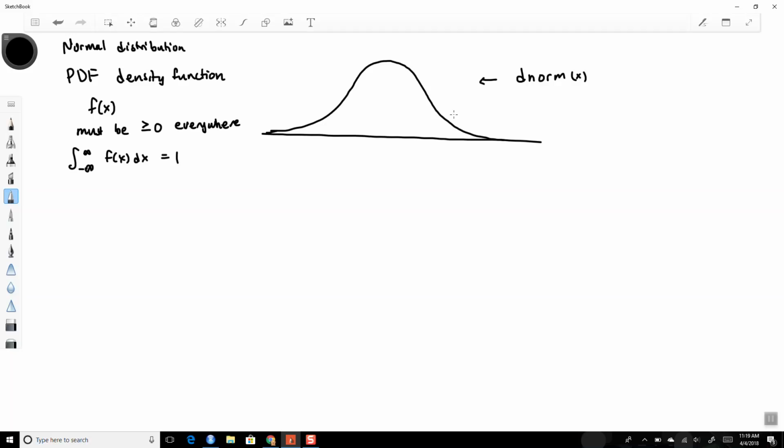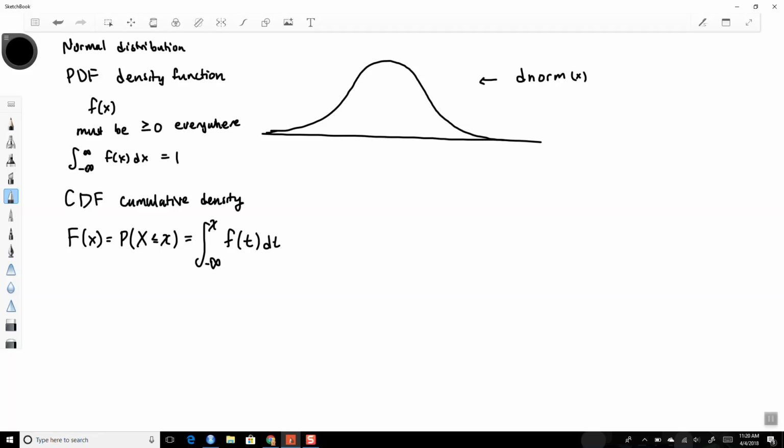Okay, so dnorm of x will give you the density function. From there we have the CDF, the cumulative density, defined as capital F of x. This is the probability that your random variable X is less than or equal to some value x. It's defined as the integral from negative infinity to x of your density function, but we have to change the letter, of f of t dt.